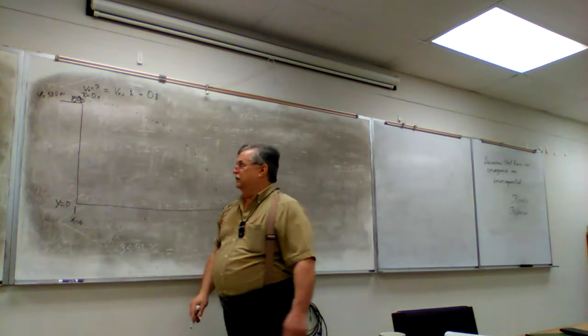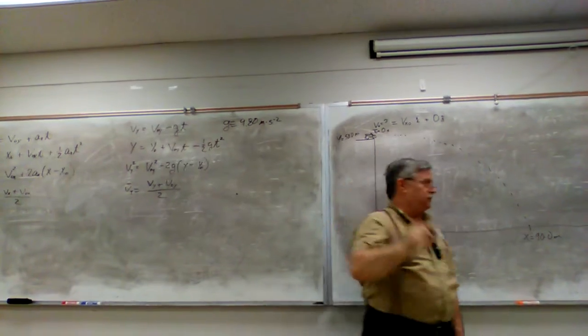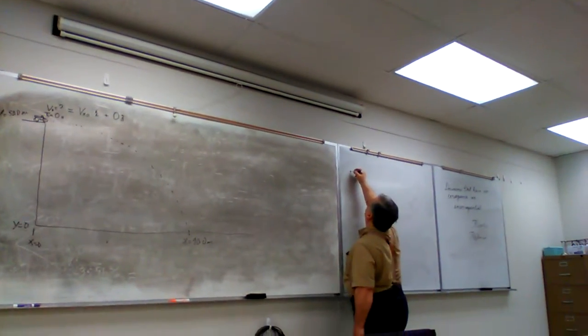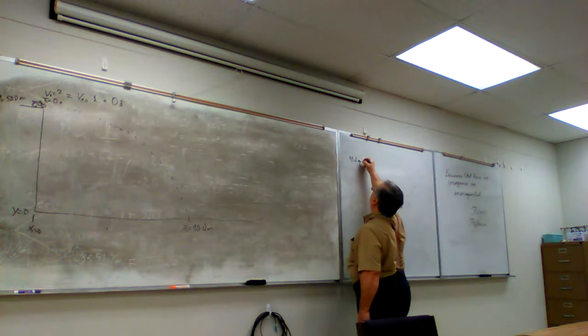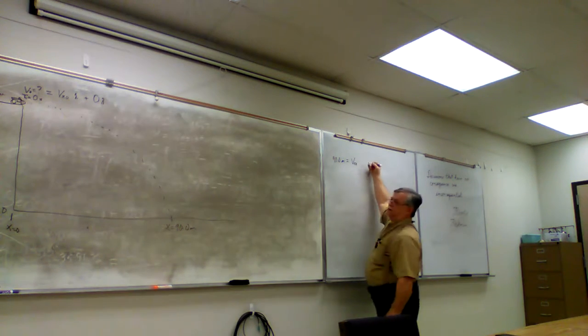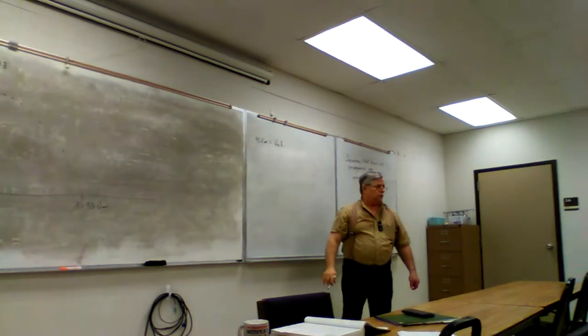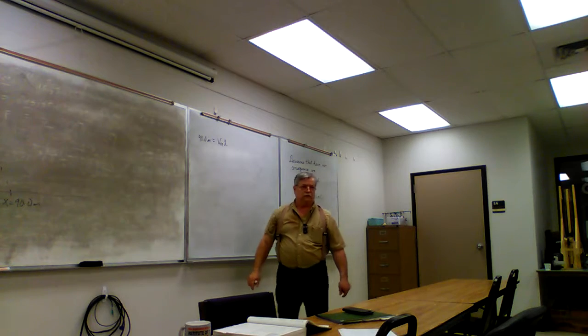What we're wanting to know is this initial velocity, v sub naught. Well, we know that 90 meters is equal to its initial x velocity times the time it takes it to travel that distance.